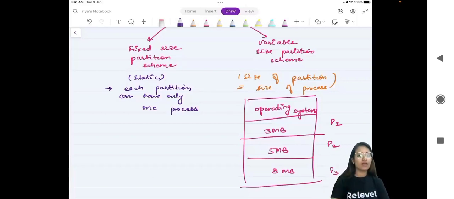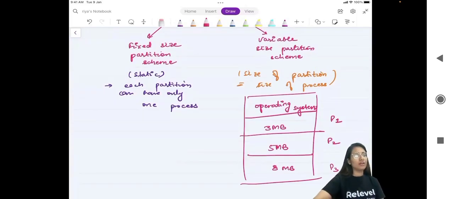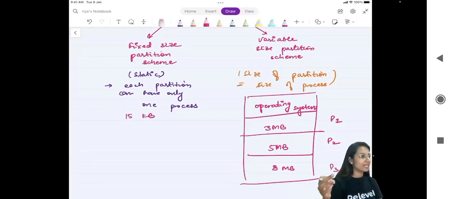An example for that: let's say we have a memory that is divided into fixed size partitions.